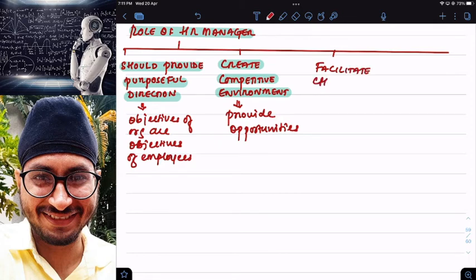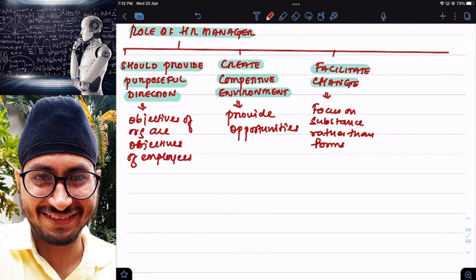Facilitate change. Clear? How do I facilitate change, sir? What do we mean by facilitating the change? Ensure that people focus on substance rather than form. Simple example, sir.